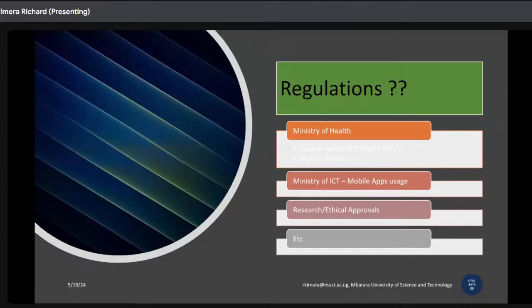But as we talk about all these apps, we talk about technology, we talk about how important they are, we talk about the challenges, we explore this whole area. There are issues to do with regulations. As a developing country, one of the challenges we face the most is that sometimes we want to implement technologies where there is no regulation. Then when you implement, the regulation comes and it affects you because you must make changes.